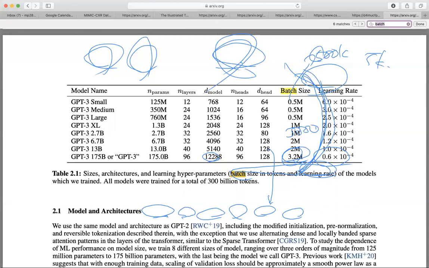Imagine the engineering effort put into GPT-3. There's possibly no way you can fit a 175 billion parameter model into a single GPU. So they probably divided it across dozens of GPUs, or maybe hundreds of GPUs. I can't really imagine the amount of engineering effort put into this project.